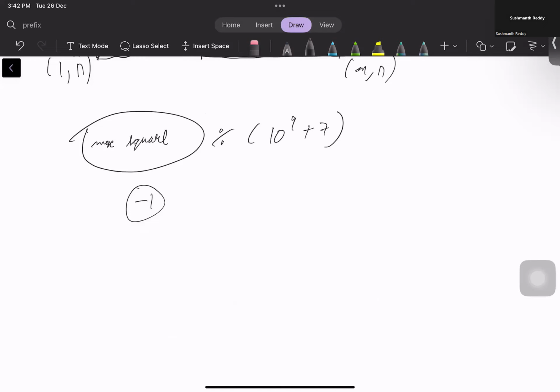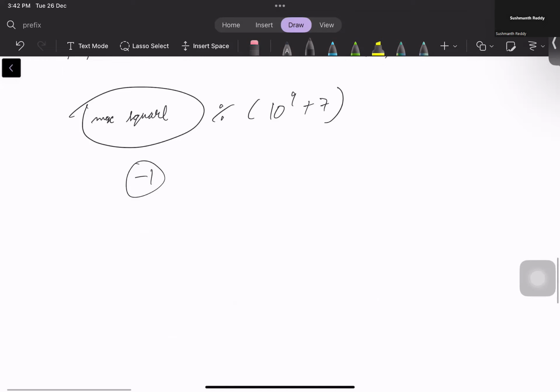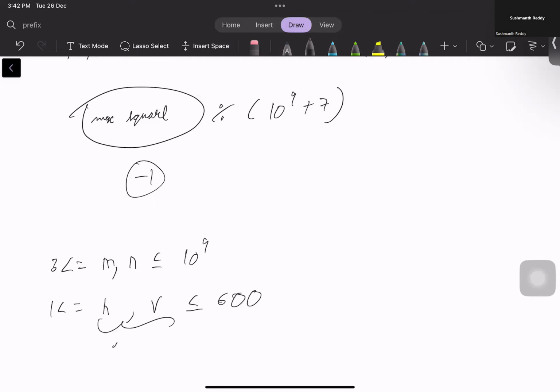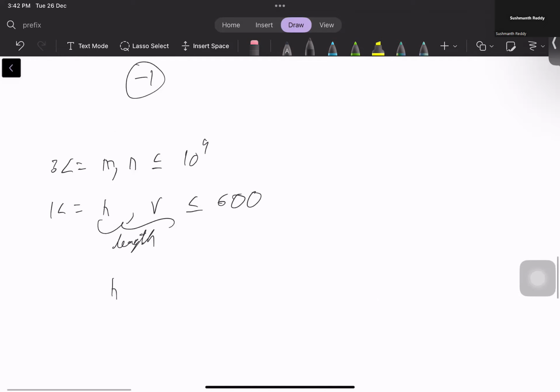If we look at the constraints, m and n can be in the range 3 to 10 power 9, and the length of the horizontal and vertical fence lists can be up to 600. The values of horizontal fences can be in the range 1 to m, where 1 and m are exclusive.